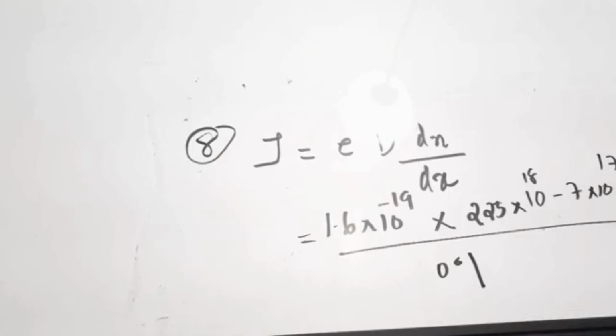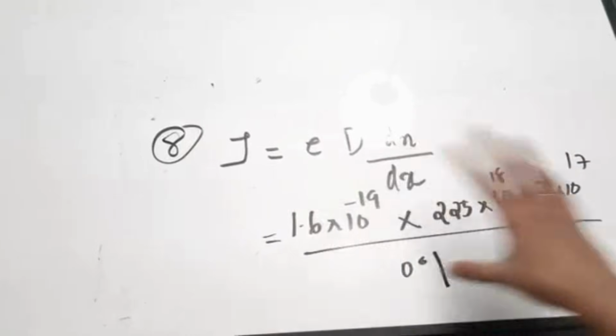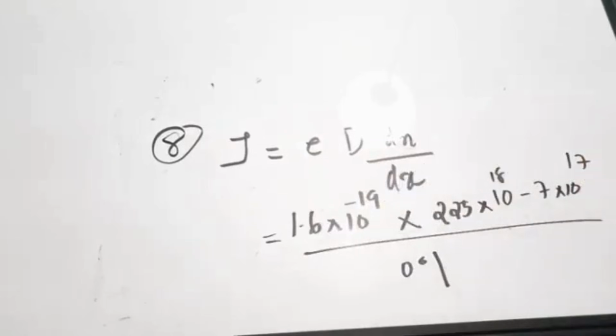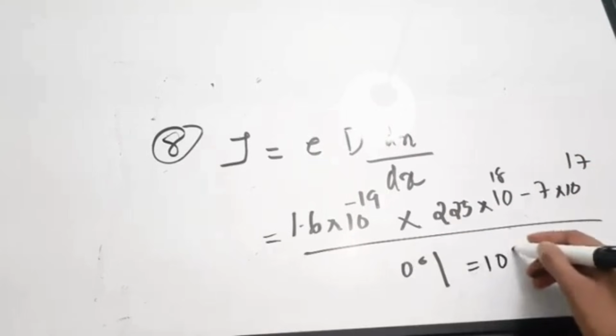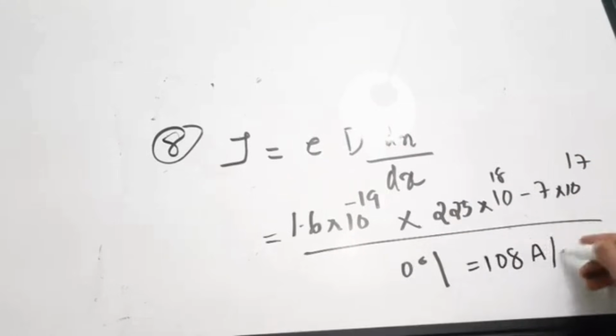So this is the 0.1. All the values are given in centimeters, so you don't need to change anything. I have substituted all the values here, and if you solve it, the value we get is 108 ampere per centimeter square.